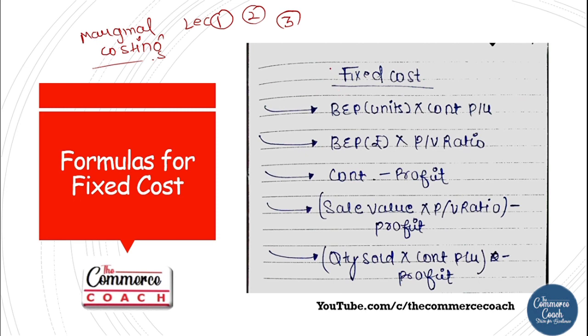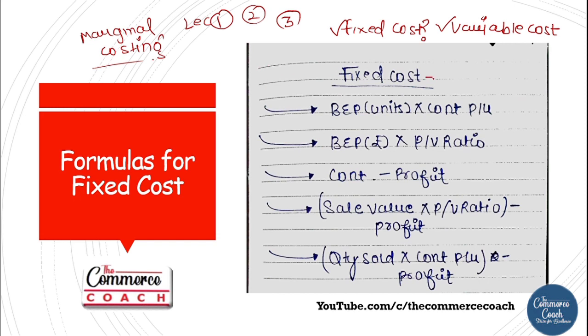In the very first lecture of marginal costing, I told you about the concept of fixed cost and the concept of variable cost: the relevance, the nature, and how the variable cost changes as the level of production changes. These things we have already discussed.